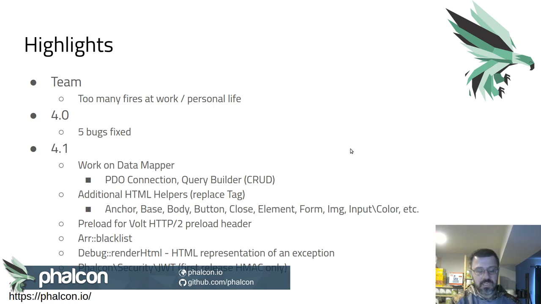V4 hasn't seen a huge amount of love lately, because mostly of what I mentioned, the fact that we're all busy, and we've been trying to keep a balance between 4.0 and 4.1. We do have certain issues that need to be fixed.